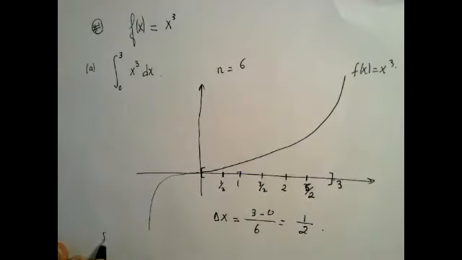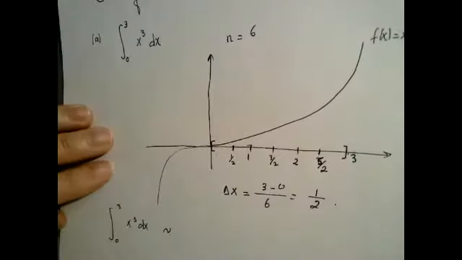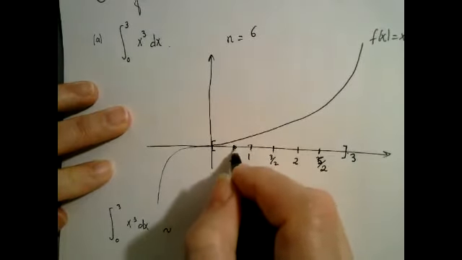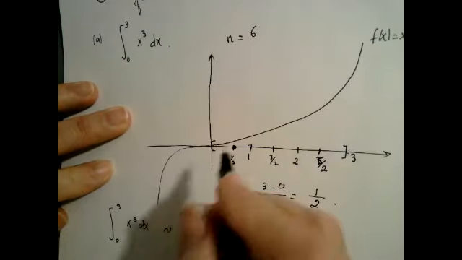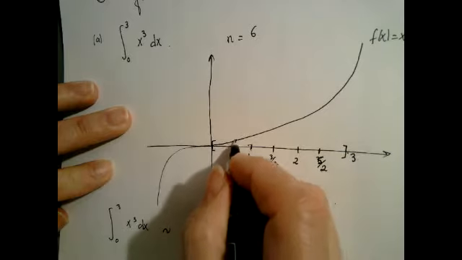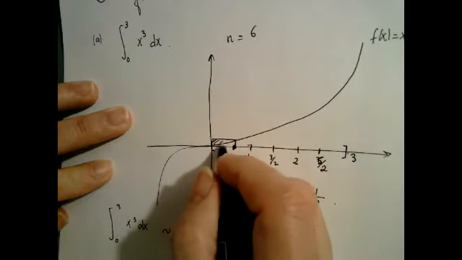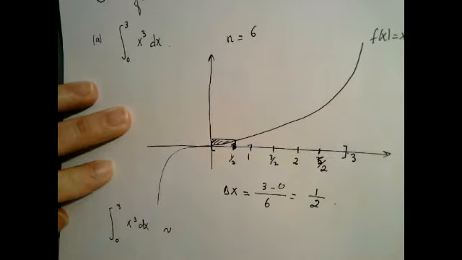It means my integral using 6 subdivisions only, which is not a lot, is almost equal to the Riemann sum. We take the value at the right endpoint of the function multiplied by delta x, which gives me the area of this rectangle.